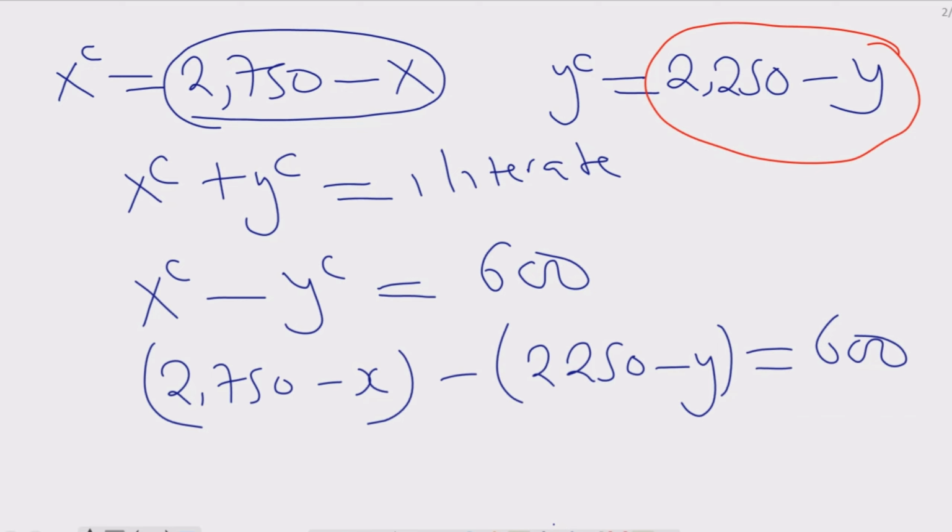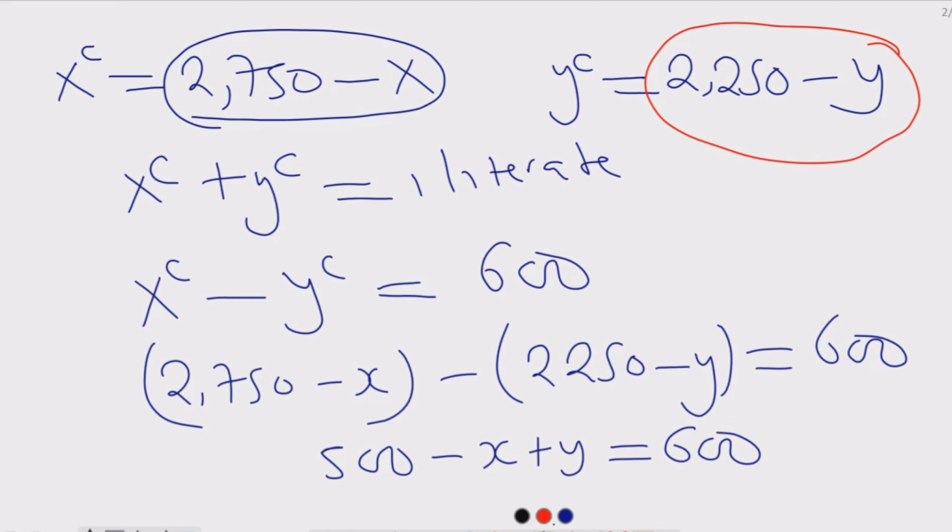Then minus X, and minus of minus Y is plus Y. So we have 500 minus X plus Y equal to 600.